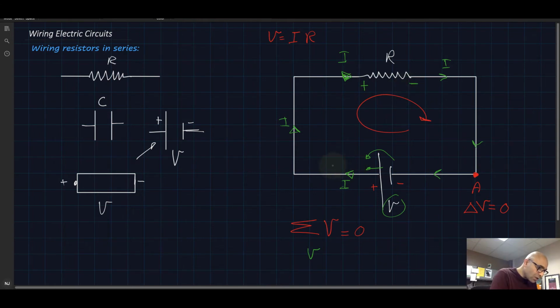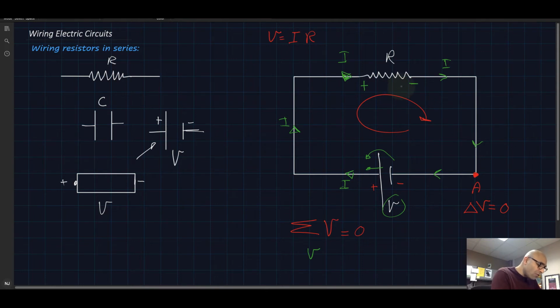All right, so let's go here. We found out the first voltage was the battery. Now we continue. You face the positive side of the battery, and now you go through it to the negative side. So it's like you have lost some voltage because of that. From the positive to the negative, you have lost some voltage.